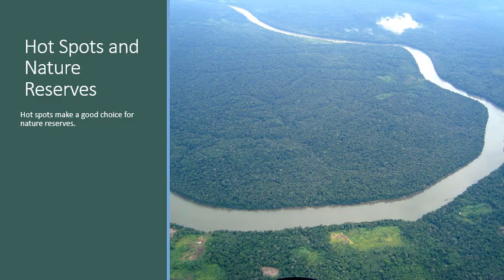So hotspots make an ideal choice for natural reserves all over the world. If you can find a hotspot with high levels of biodiversity, you can protect it, allow people to visit but not harm it, and maintain biodiversity that can be exploited in the future.